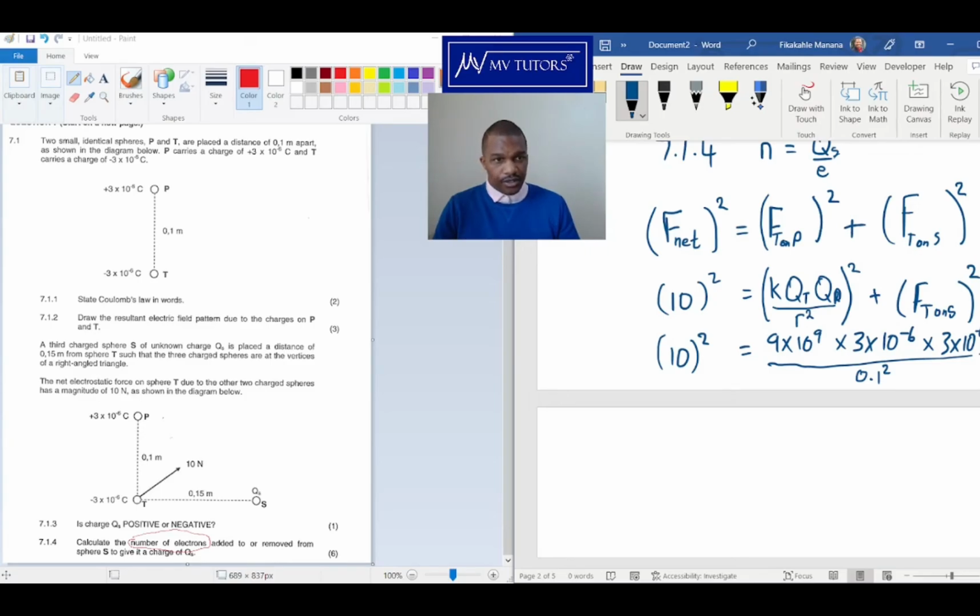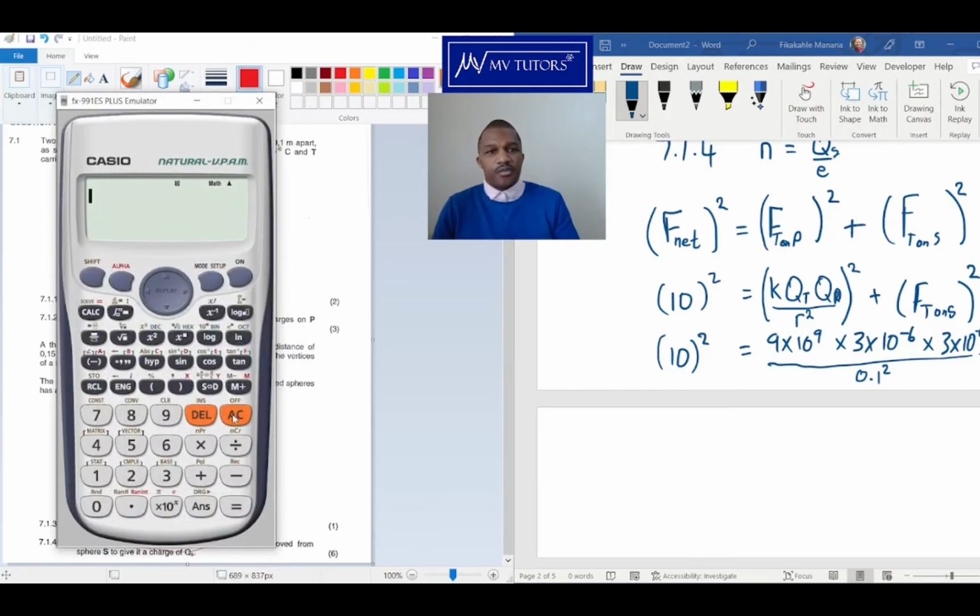Oof, it looks nasty, but let's bring in a calculator. 10 squared, let me just put it right now, is 100. Cool. And then this one, I'll put in a fraction on top.